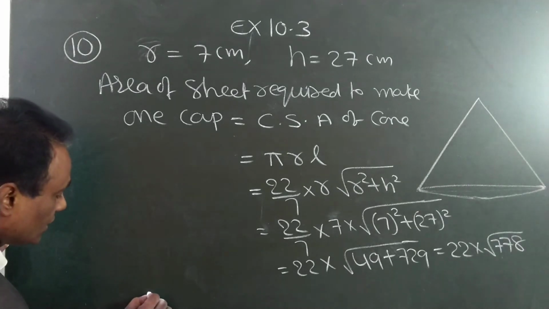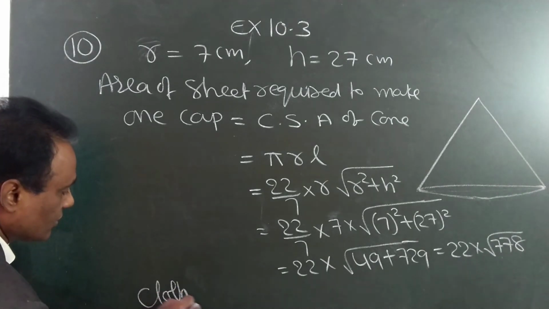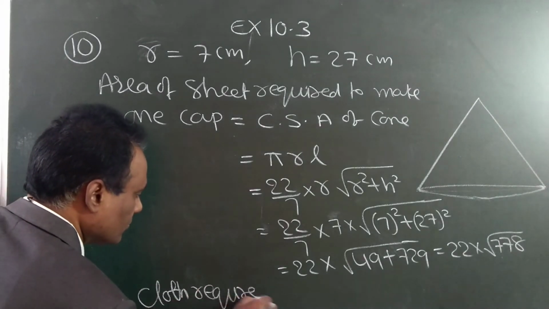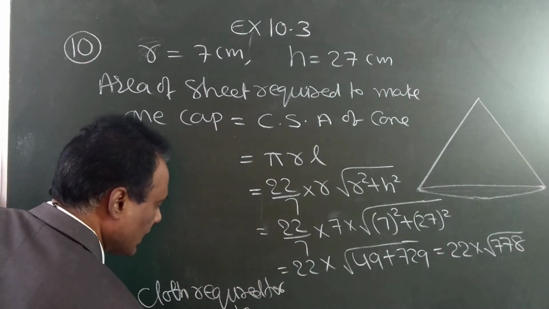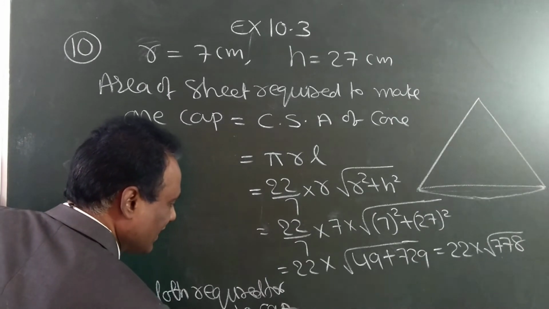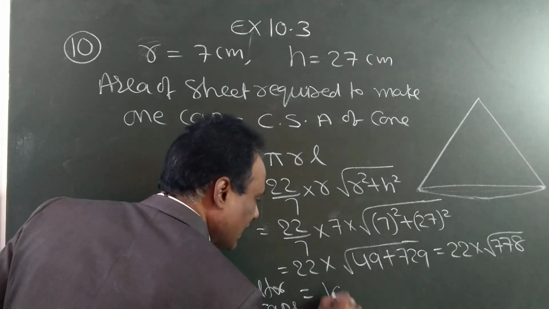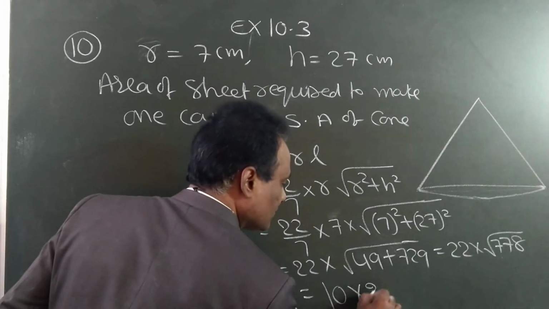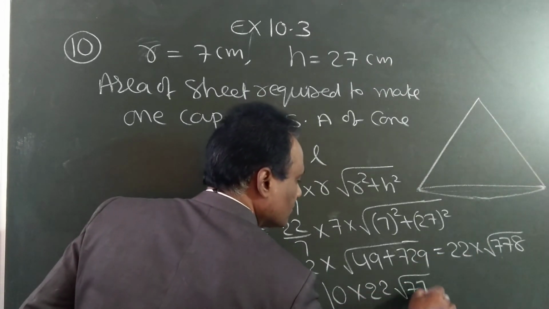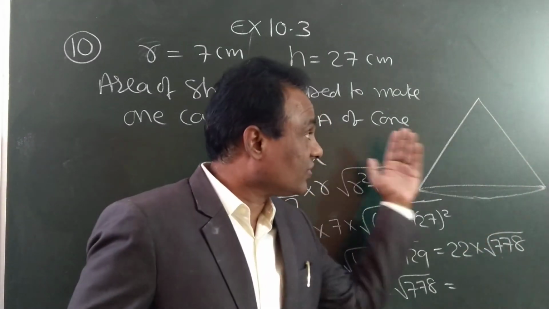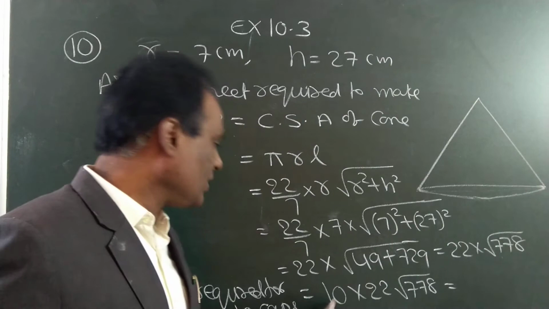See here, the cloth required for 10 caps is equal to 10 times the cloth for 1 cap.